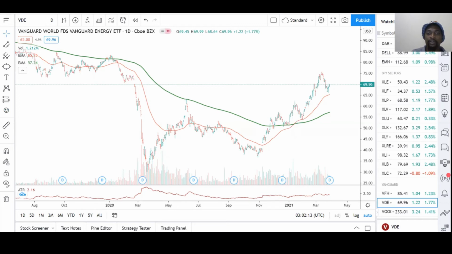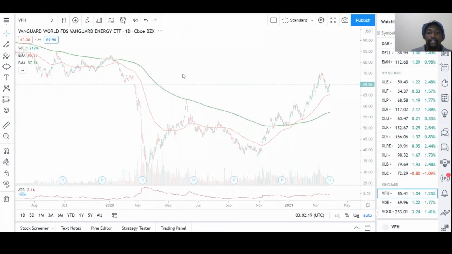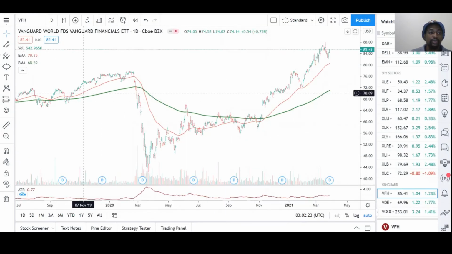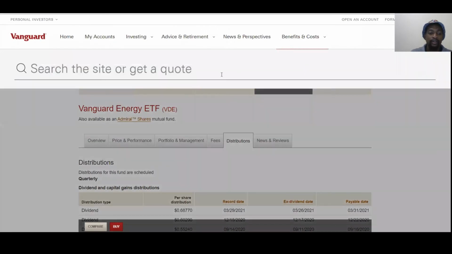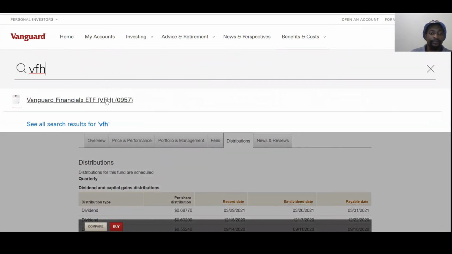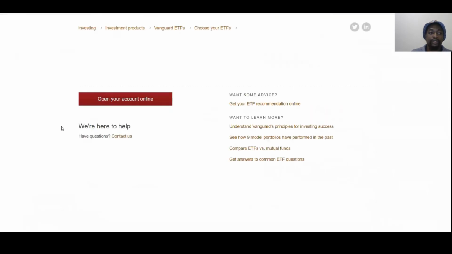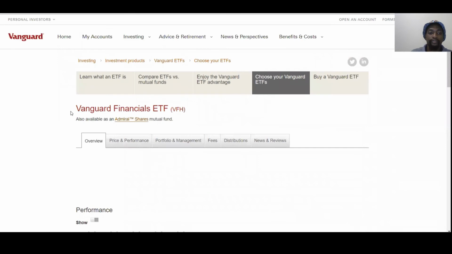Okay, now let's go to the final ETF that we have there. It's the Vanguard Financials ETF. As you can see, it's also on an uptrend, but we first want to get to the root of it and see what it has there. Here there's no mutual fund, you just go straight to that Vanguard ETF.